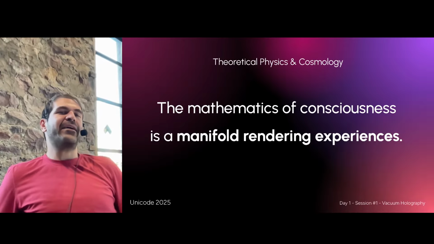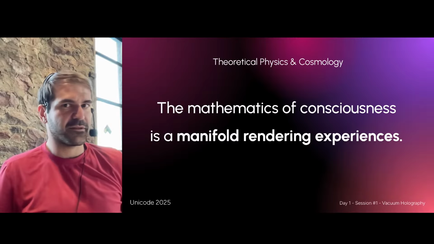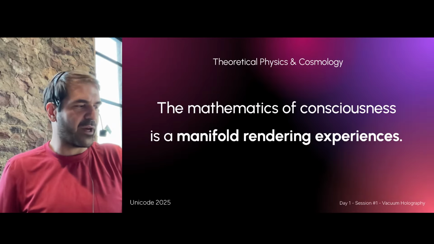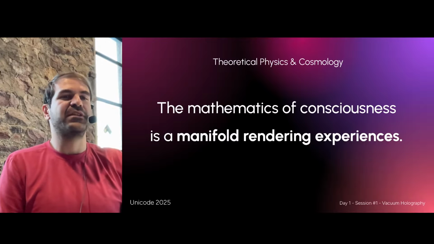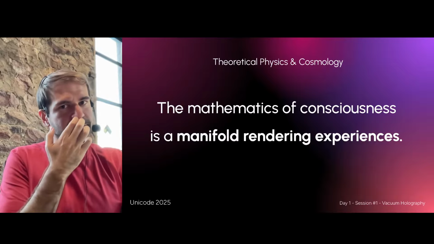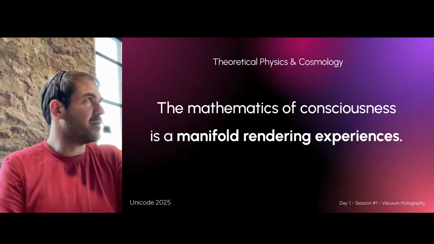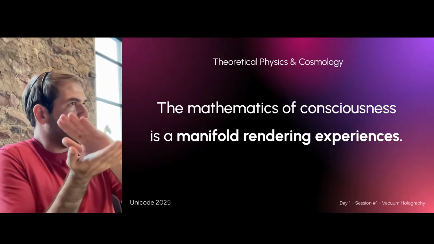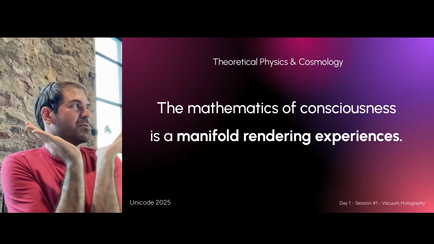So the mathematics of consciousness is a manifold rendering experiences. Okay, we've got to let that one sit for a second. The mathematics of consciousness is a manifold rendering experiences. A manifold is just a collection of maps or charts. It's like if you open up a book and lay it flat, each one of those pages is a map or a chart.